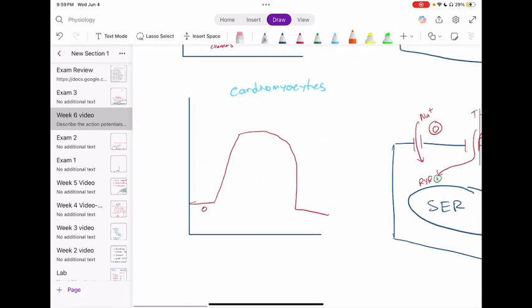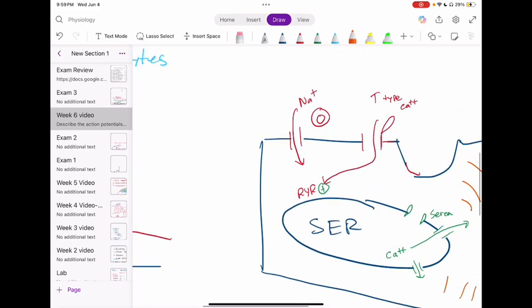So we'll depict this out. Oh, I forgot about this. We get the potassium coming out.